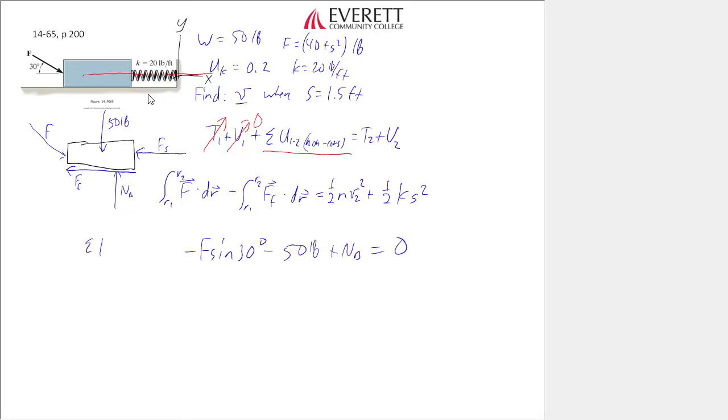That's the sum of the forces in the y direction equals 0. Then we can solve for our normal force. Once we have that, we set our frictional force equal to mu k N. We put all the information in here and solve for V.